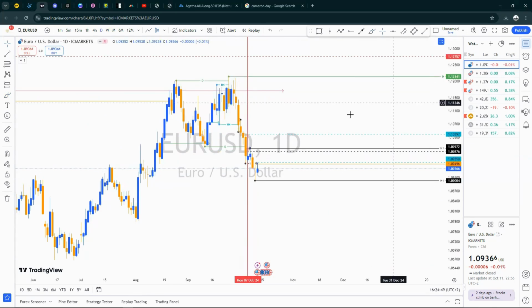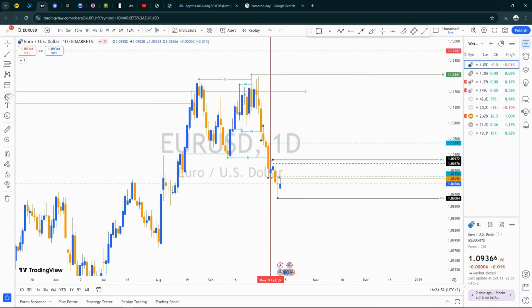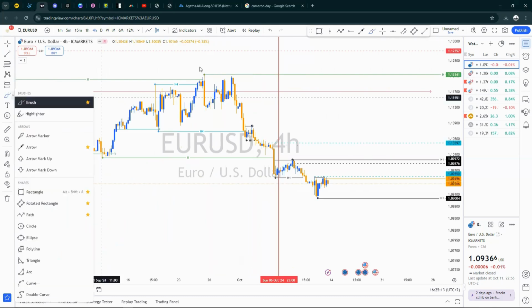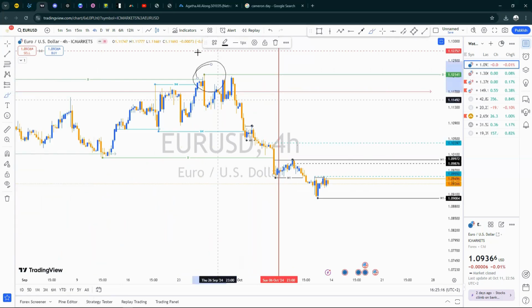Based on daily, we were up like this, then we have a break of structure right here. So what are we waiting for? We're waiting for a retracement, then we are pushing the prices all the way downward. And based on H4 range, H4 high and daily high are the same.